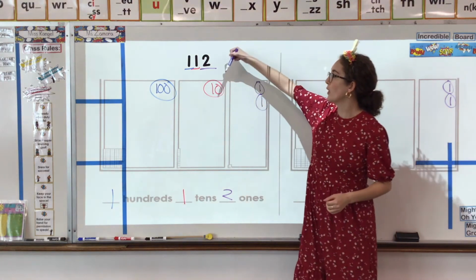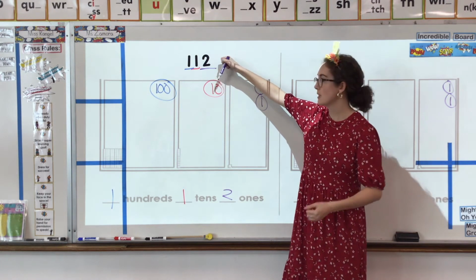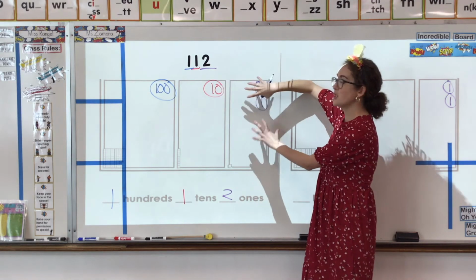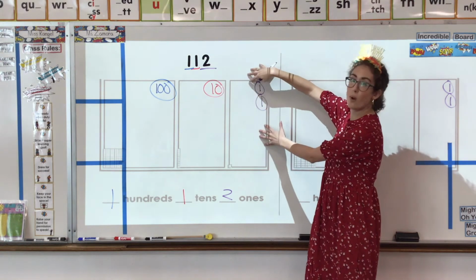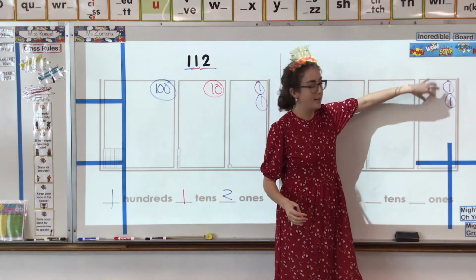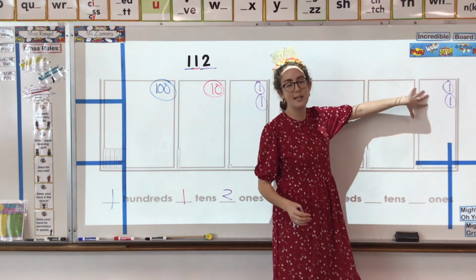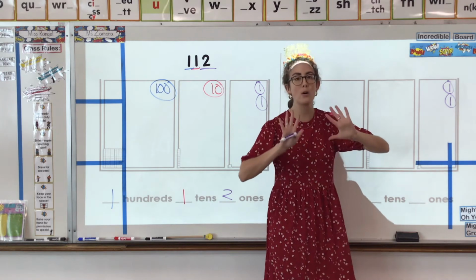Now, we're going to take all the value from this 1 ten and put it into the ones place. So if we change the ten to ones, how many ones are we going to add? How many more ones will we draw? 10 more ones.